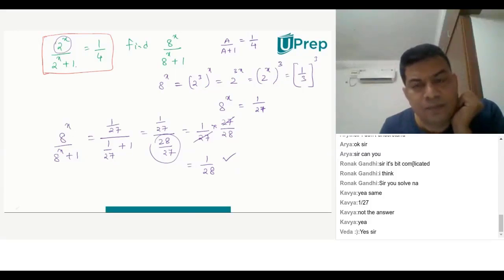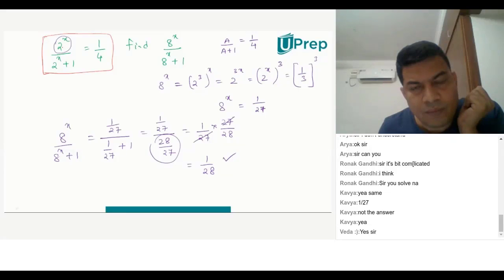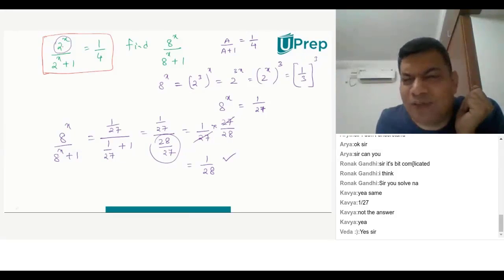Then what you can do is change it into 4. If you divide, you'll get 4.2 to the power of x is equal to 2 plus 1 to the power of x. I didn't get you. 4 point what? 4.2 to the power of x.